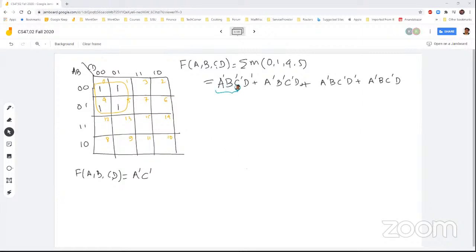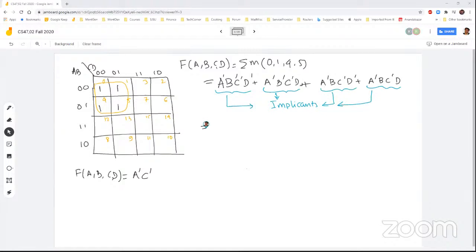any term like this product term, or term with the AND, they call these implicants. So they are all implicants.